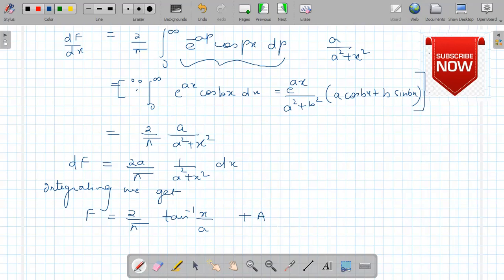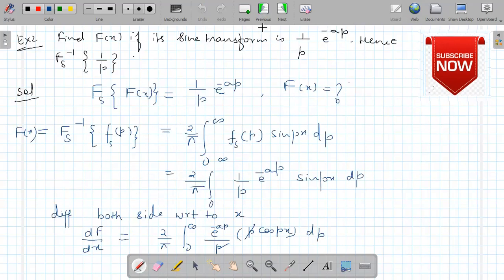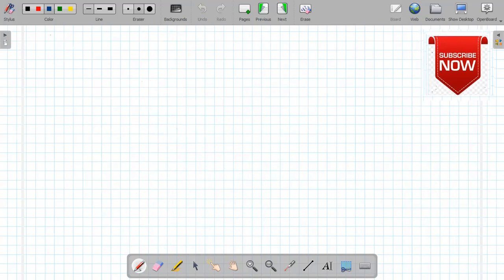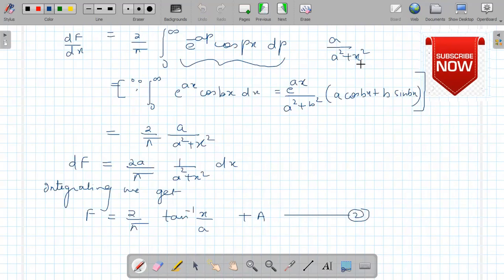If you look at this equation, if I put x is equal to 0, I'll get 0. So f(0) is 0 from equation 1. I'll put this value in equation number 2.